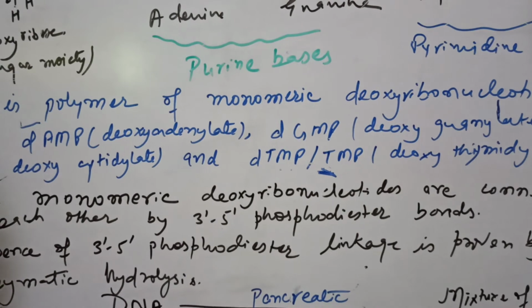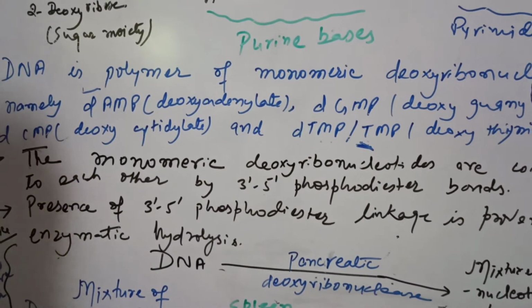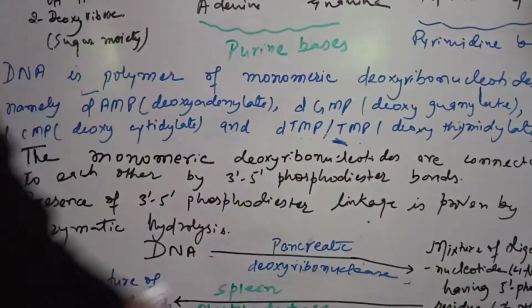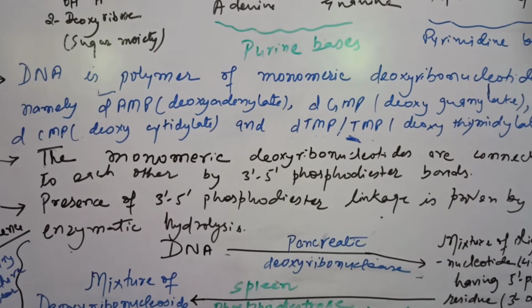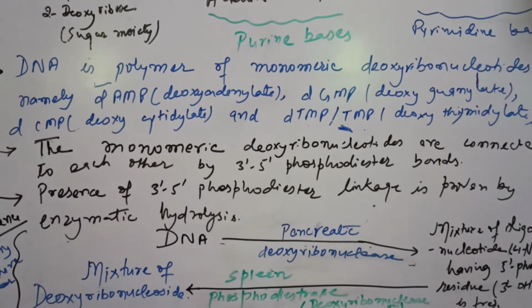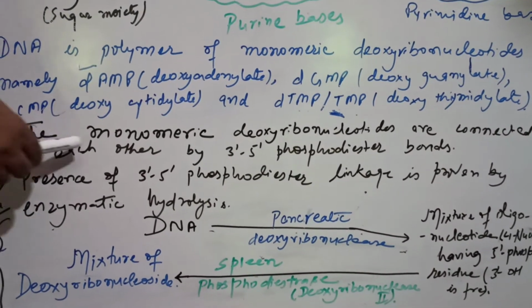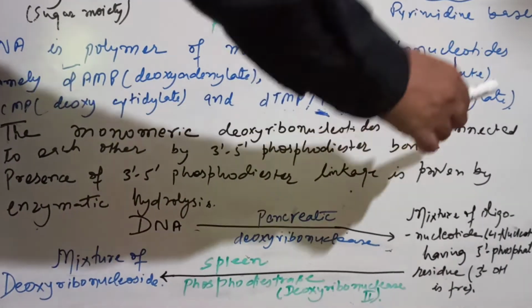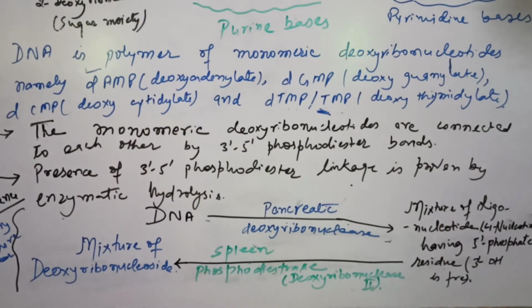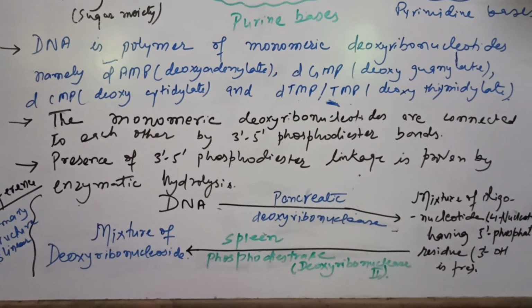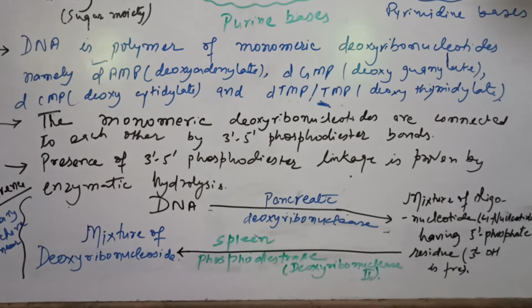Since only thymine is present in DNA, if you write TMP, it means you are talking about DNA. Now the monomeric deoxyribonucleotides are attached with 3' 5' phosphodiester linkage bonds.